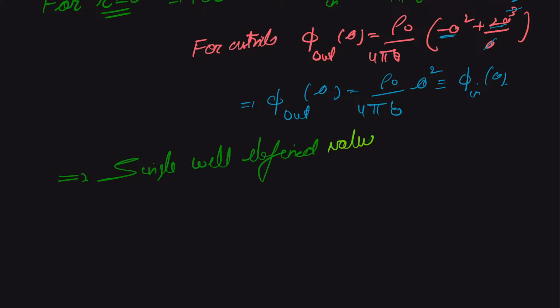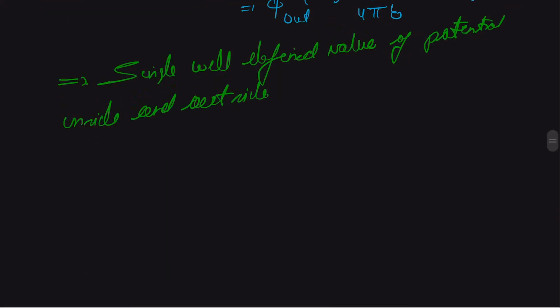Therefore we can write that potential for a point r, which depends upon a, is continuous at r is equal to a.